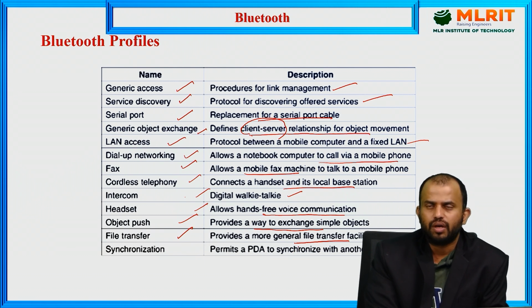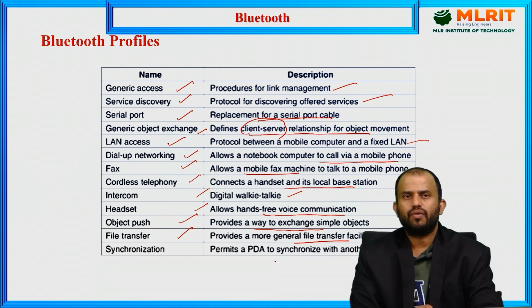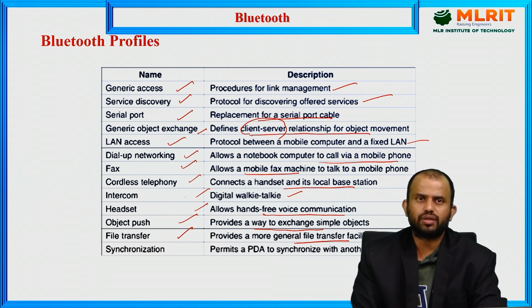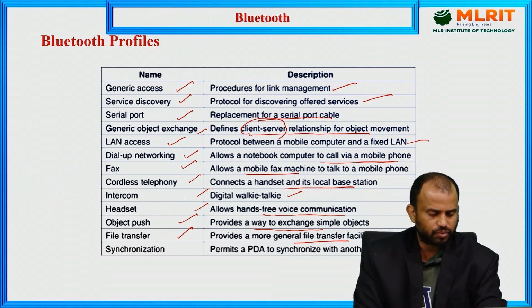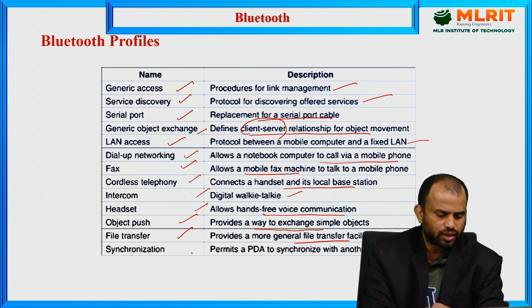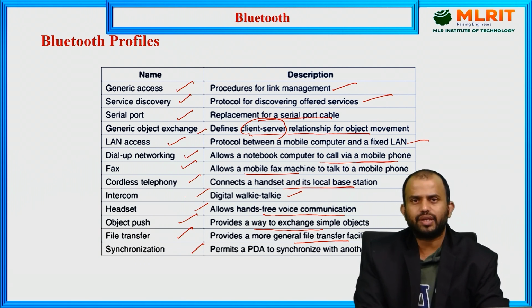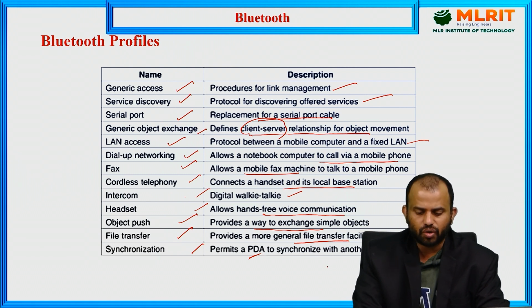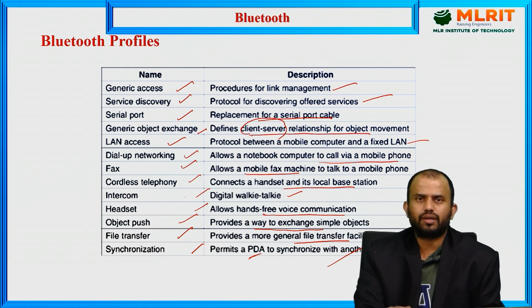Once the connection is successfully established, we initiate the file transfer from one station to another, which we call file transfer communication. And next is synchronization. What is synchronization? It permits a personal device, a PDA, to synchronize with another computer or other devices, permitting the values only.